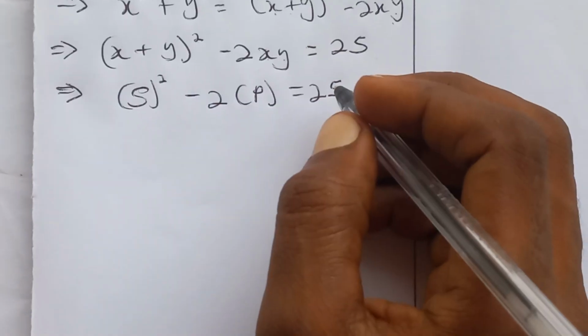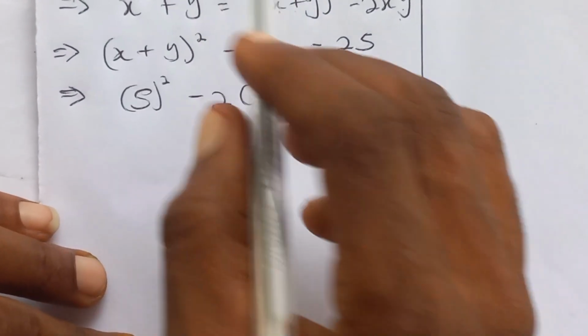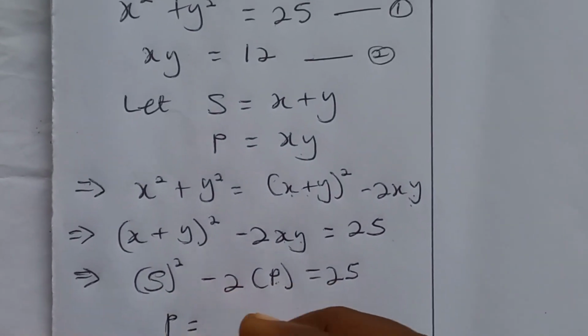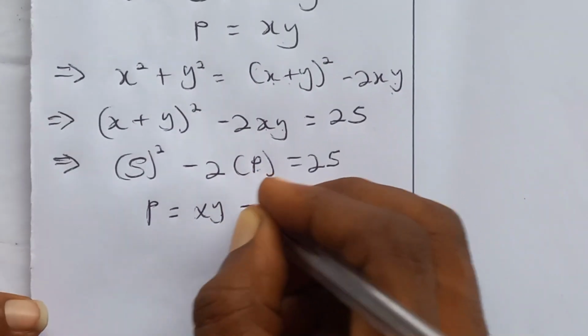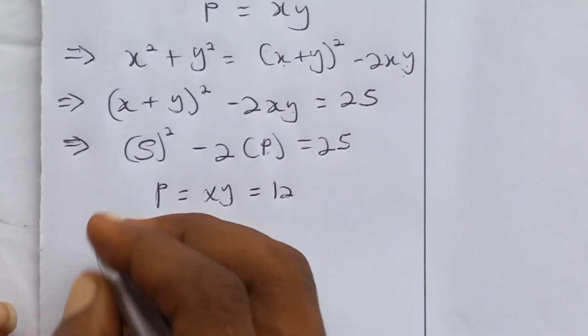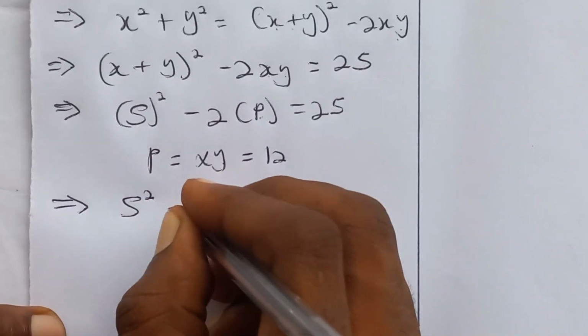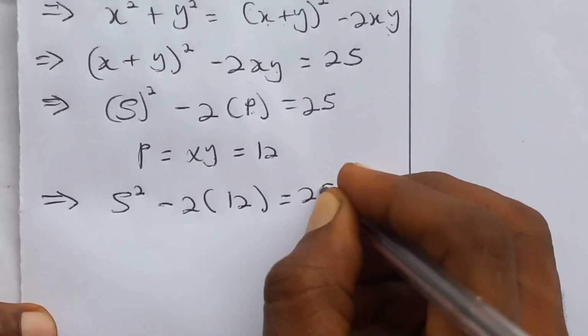Okay, but let's not forget that this value of p we know to be 12, because we said that p is equal to xy, and this xy is equal to 12. So in this case, we can rewrite our equation as s squared minus 2 into bracket 12 is equal to 25.